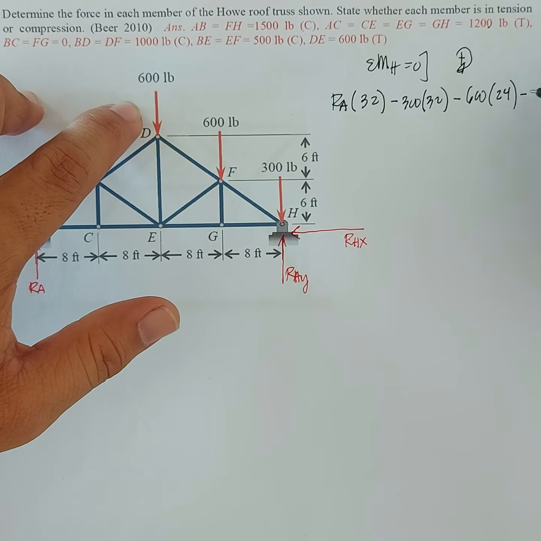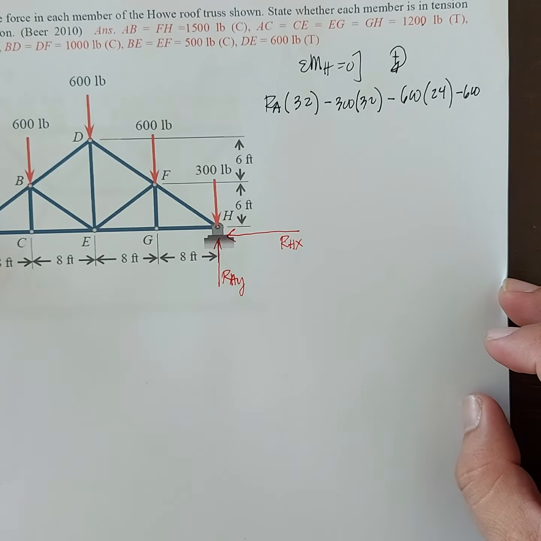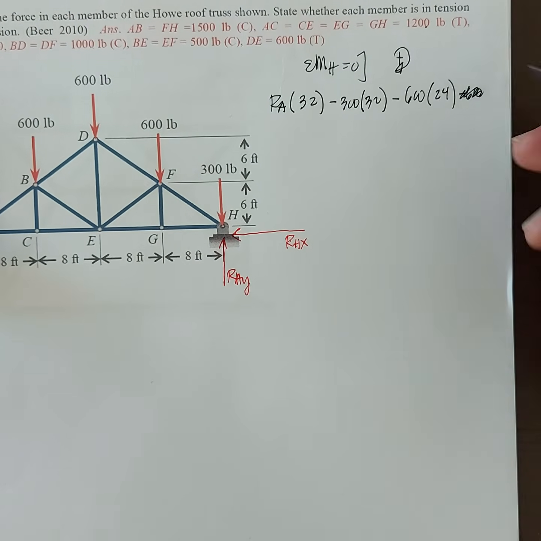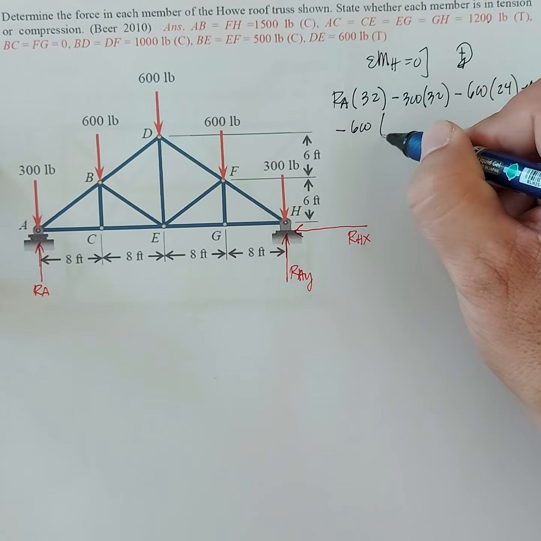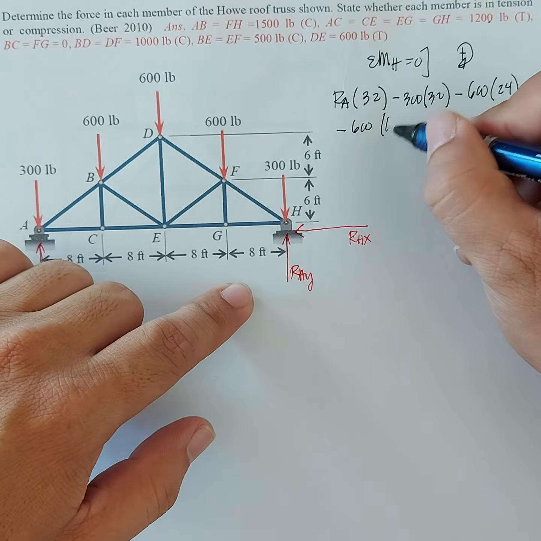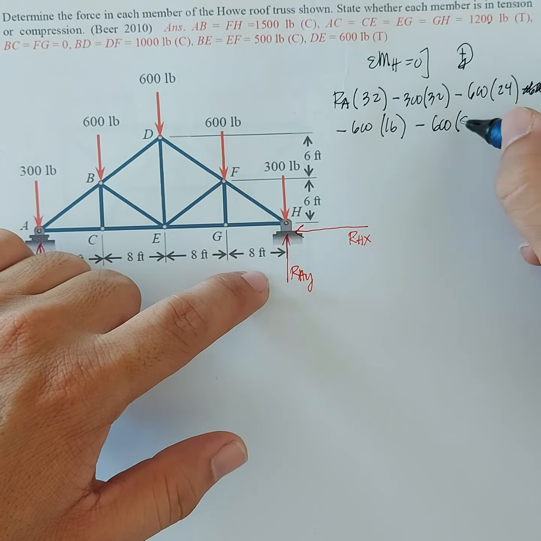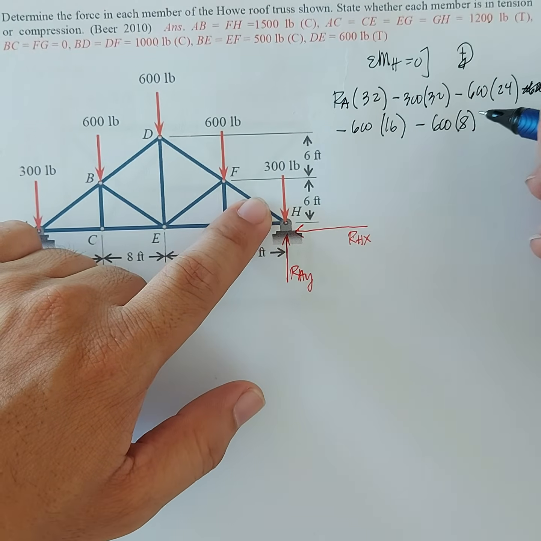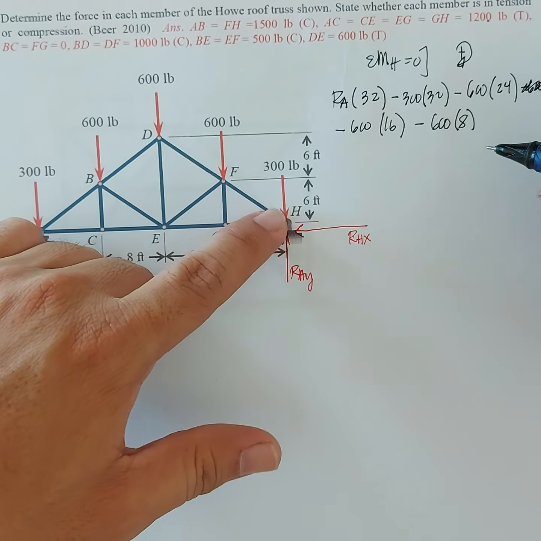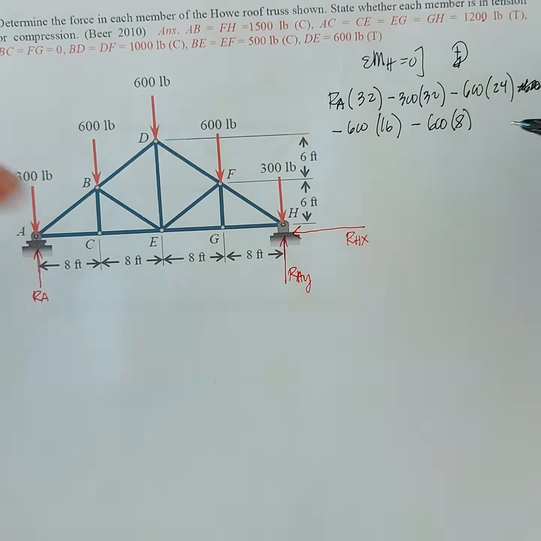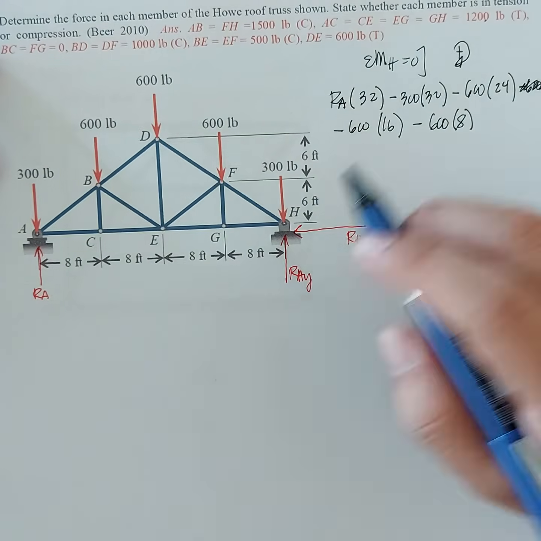Another 600 here: minus 600, its moment arm is 16, minus 600 times 8. Of course, the 300 pound force has no moment at H, since it acts at the point where we are summating moments. So the 300 pound force has no moment at point H.